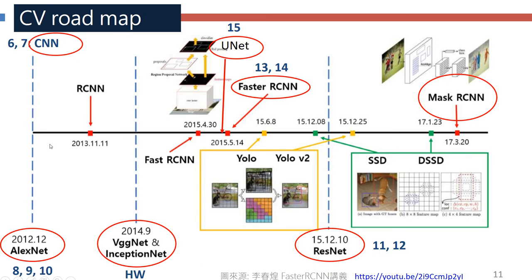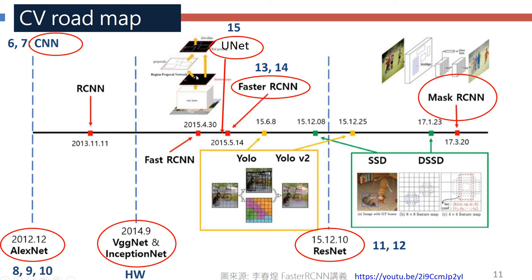Here we show the important computer vision neural networks by year. Of course, the first is 2012, when AlexNet came in and beat the traditional machine learning algorithms. And then came VGG, and then ResNet, all by He Kaiming.